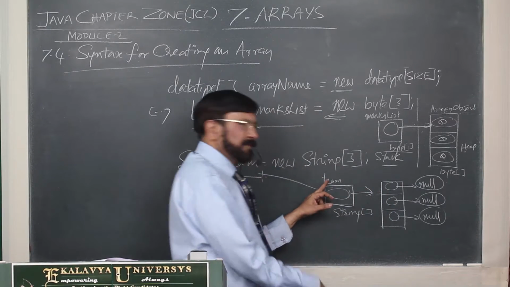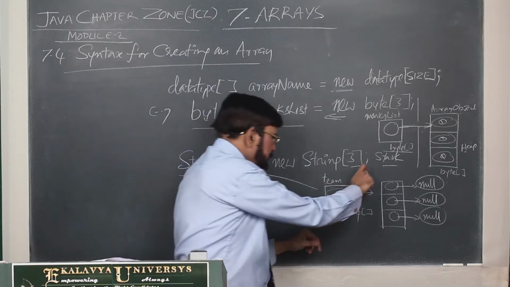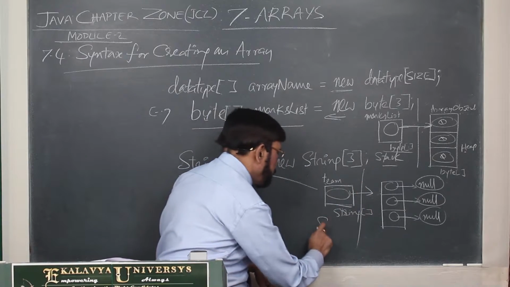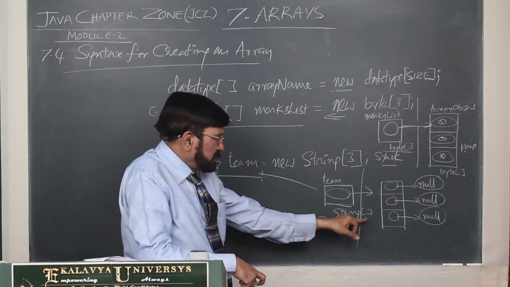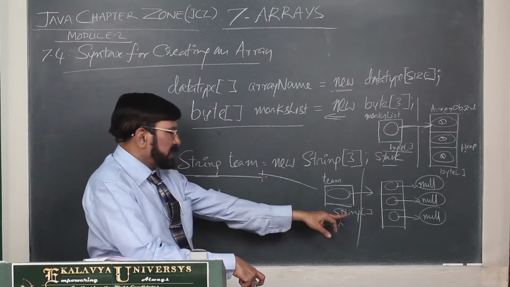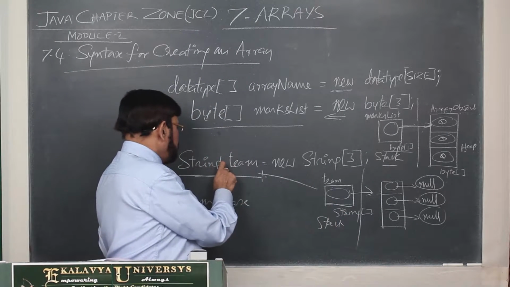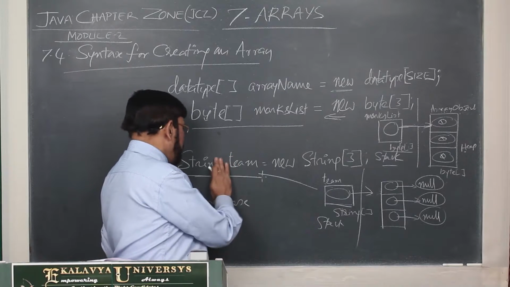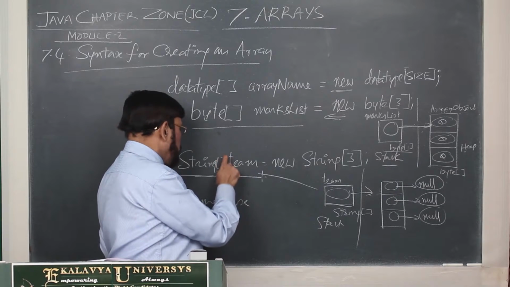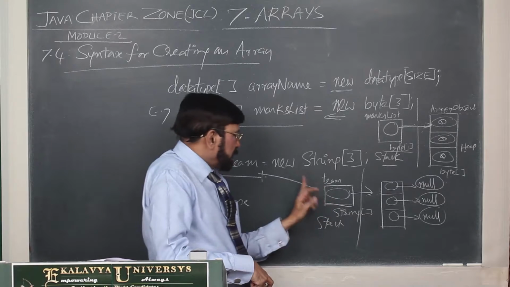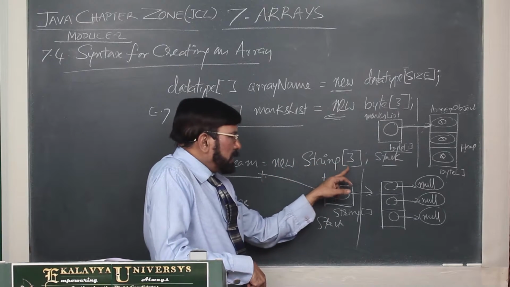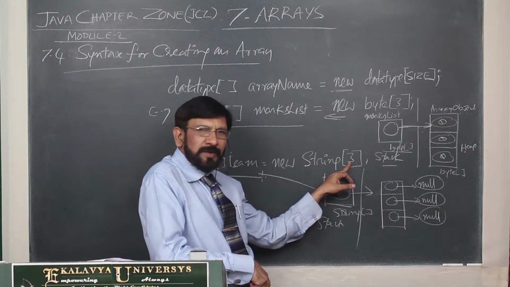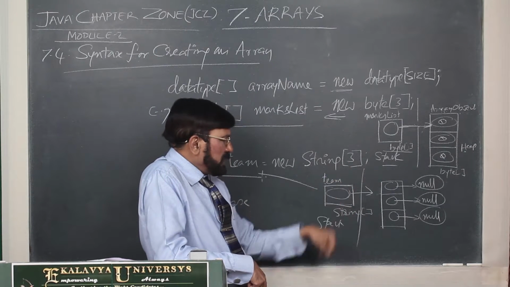This is created. Where is it created? On stack. This is team. Its type is String array, string type array. Thereafter, new, already explained to you. And now here, how many are you mentioning? 3 you are mentioning.